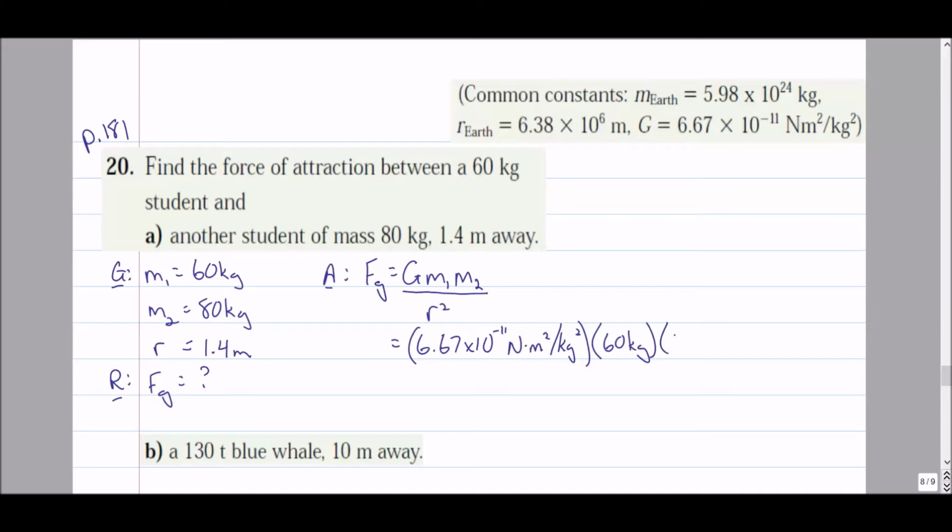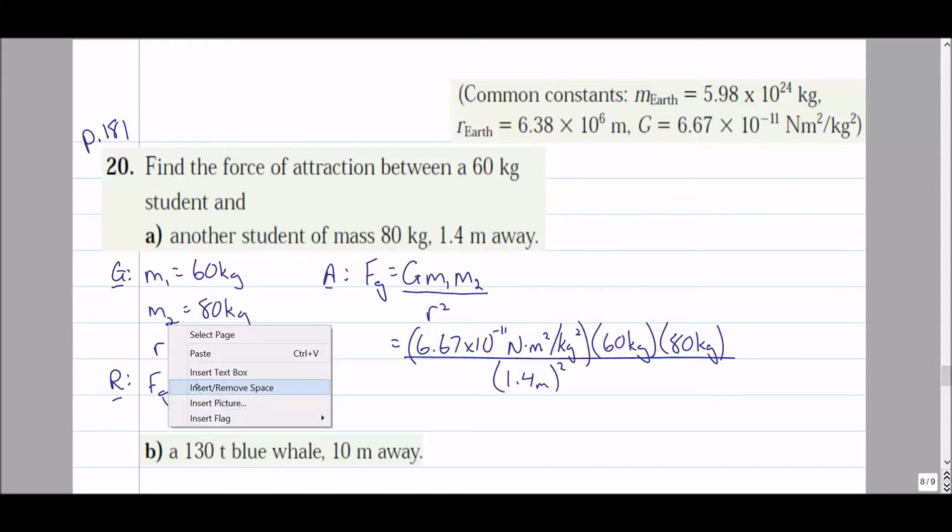I'm going to multiply that by the second mass, which is 80 kilograms. It doesn't really matter which one I deem the first mass and which one is the second mass. The main thing is it's the product of the two, so it doesn't matter if I multiply 2 times 3 or 3 times 2 or 80 times 60 or 60 times 80. I'll still get the same product. So I'm going to divide this all by the square of that distance separating, which is 1.4 meters, so it's going to be 1.4 meters all squared.